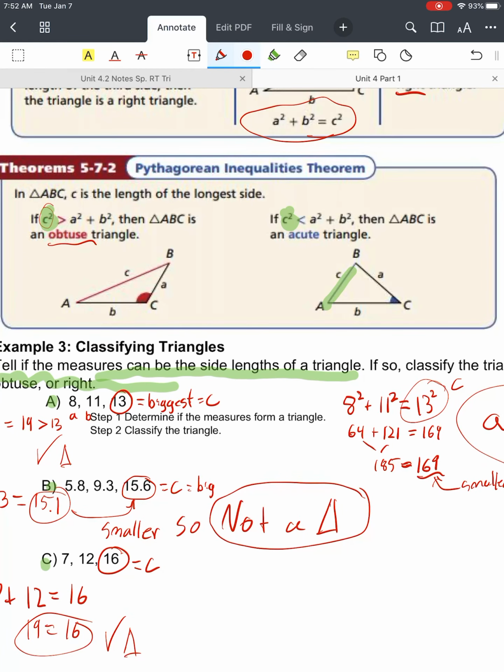So we're going to plug these into our Pythagorean theorem. I'm going to call 7 my A, 12 my B, and we already decided 16 is our C, so we have 7 squared plus 12 squared equals 16 squared.